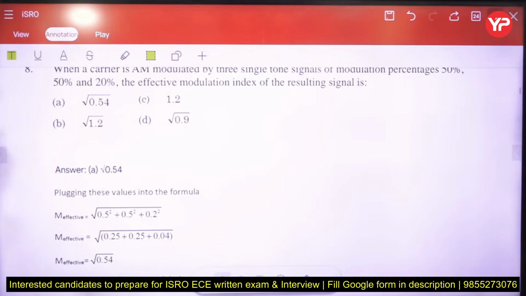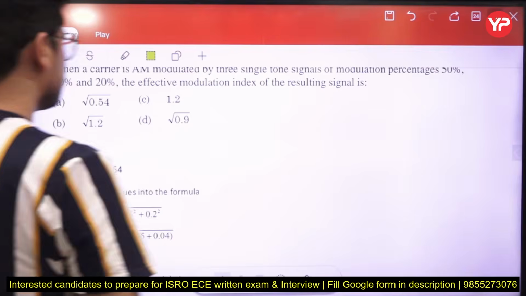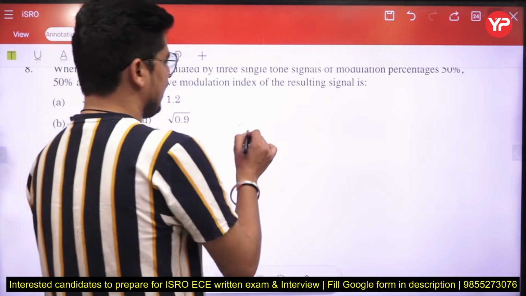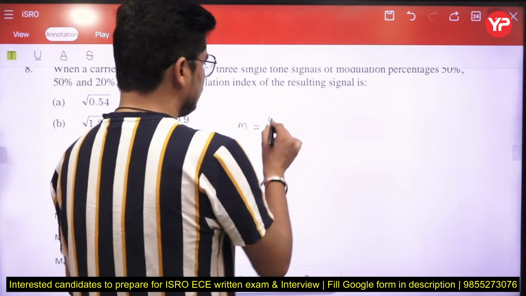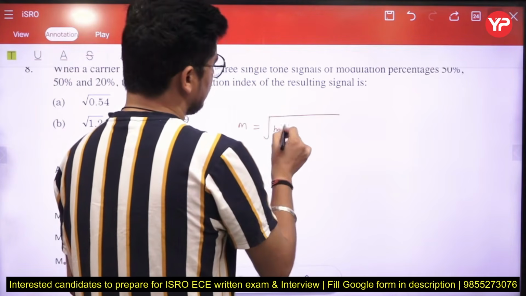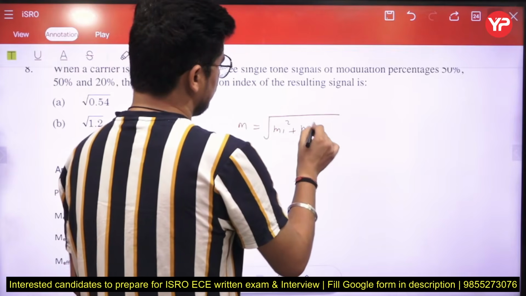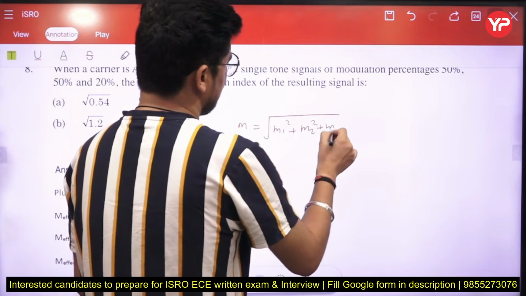When a carrier is AM modulated by 3 sinusoidal tone signals with percentage of modulation 50%, 50% and 20%, what is the effective modulation index? The effective modulation index m is equal to the square root of m1 square plus m2 square plus m3 square.